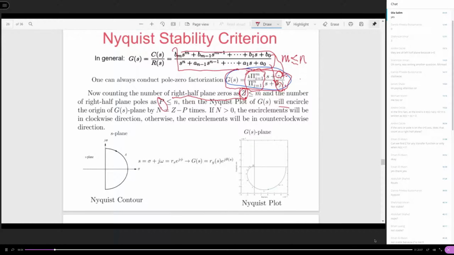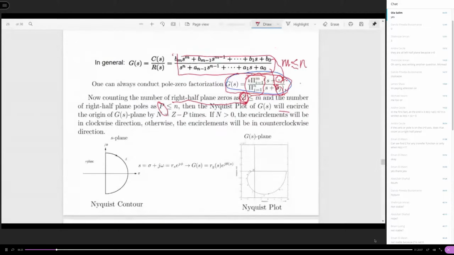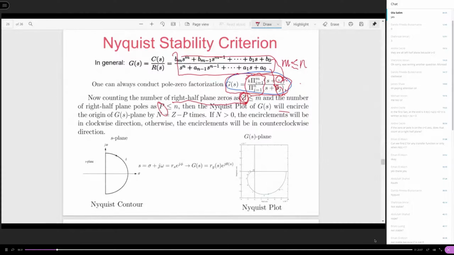Each right half plane zero contributes positive 1, and you have Z right half plane zeros. So the contribution is equal to Z, because each one counts 1 and the number of right half plane zeros is capital Z.